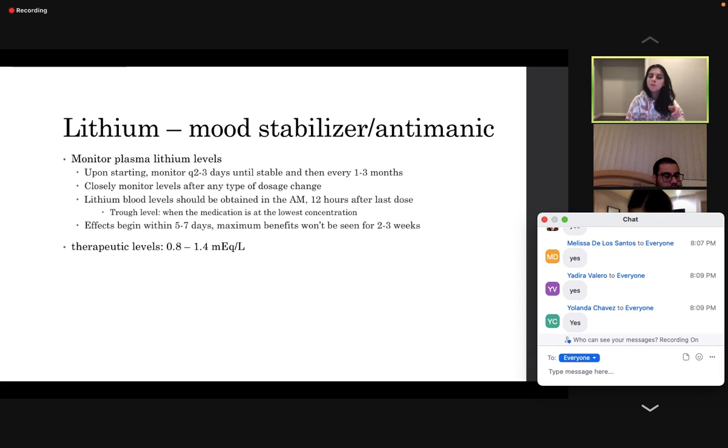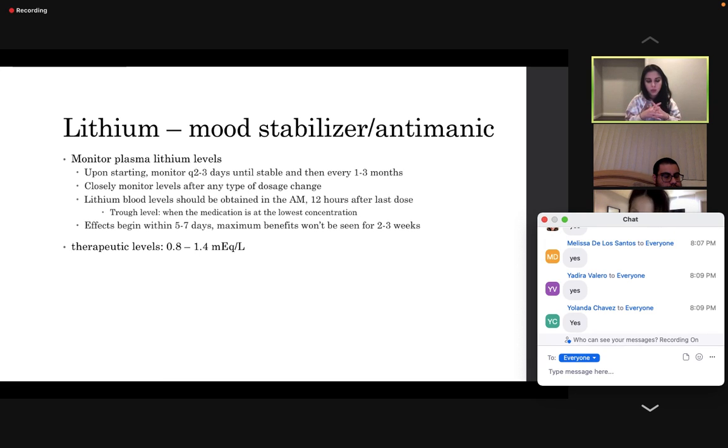Maintenance level, where you maintain, is 0.4 to 1.2. Once you reach therapeutic level, it'll stay there. But therapeutic level, what I want you to know for my proctored exam, is 0.8 to 1.4. That's therapeutic level of lithium.